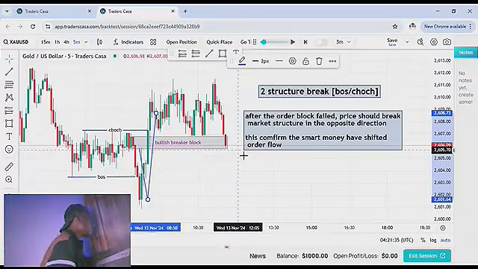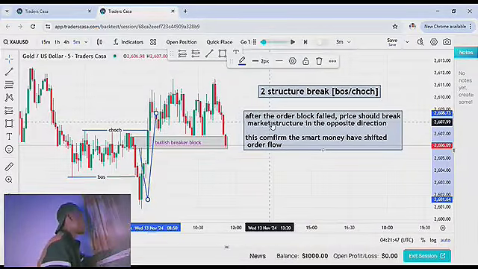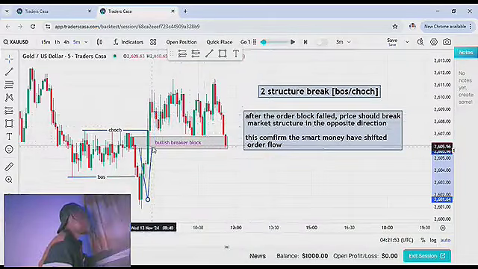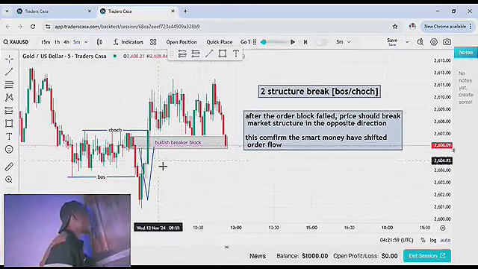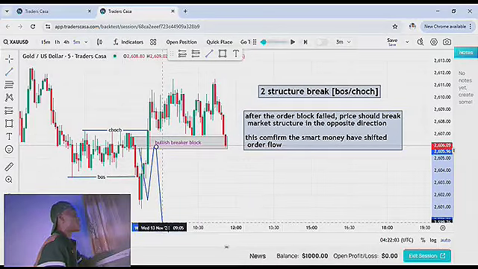So after the order block fails, price should break market structure in the opposite direction. This confirms the smart money have shifted order flow. So if price respected this zone right here, like this order block right here, and keep going down, it won't be a breaker block.